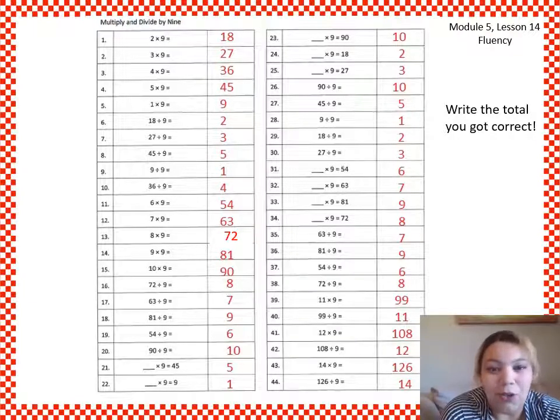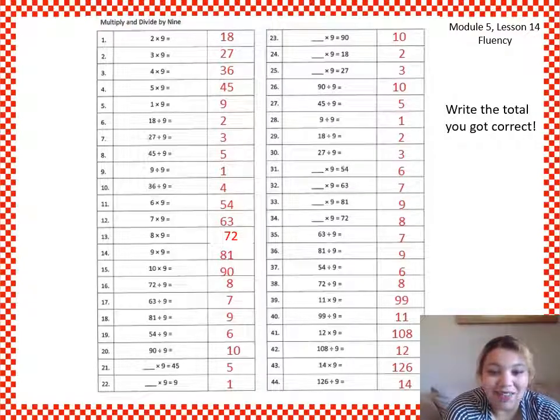All right, let's go through the answers, just like we would in class. 1 is 18, 2 is 27, 3 is 36, 45, 9, 2, 3, 5, 1, 4, 54, 63, 72, 81, 90, 8, 7, 9, 6, 10, 5, 1.